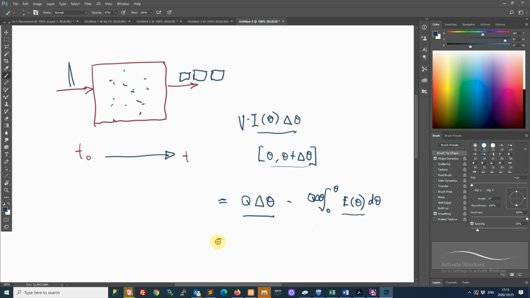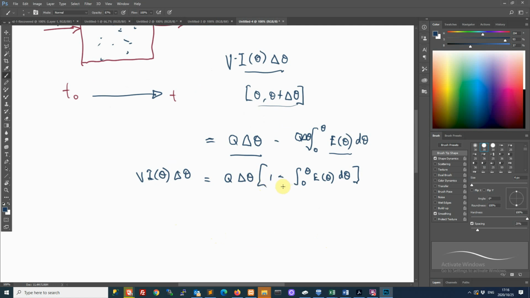So then if you rewrite this as Q delta theta times 1 minus the integral naught to theta of E of theta, that's equal to V I of theta delta theta.